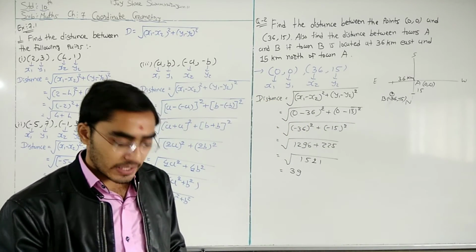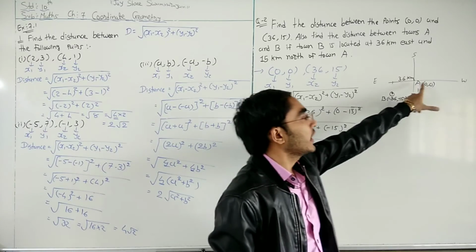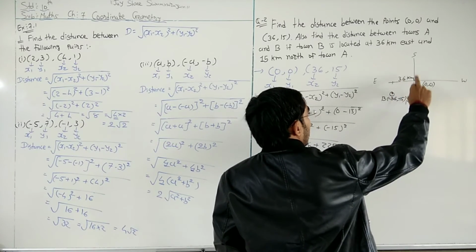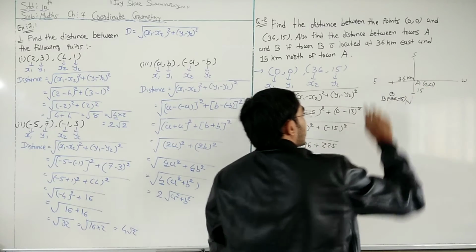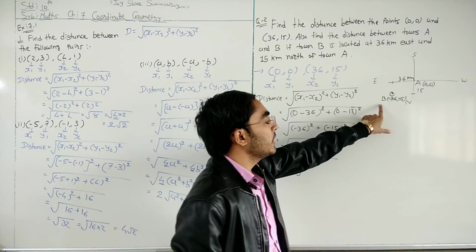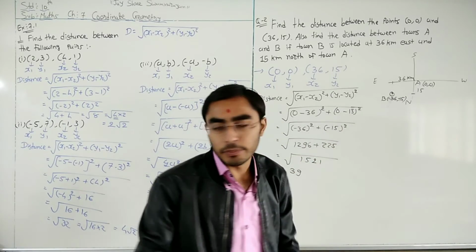Okay, what is given to you? Just assume that A is at origin. Now from the east direction 36 kilometers and from the north direction minus 15 kilometers. So alternately point B is at minus 36, minus 15.